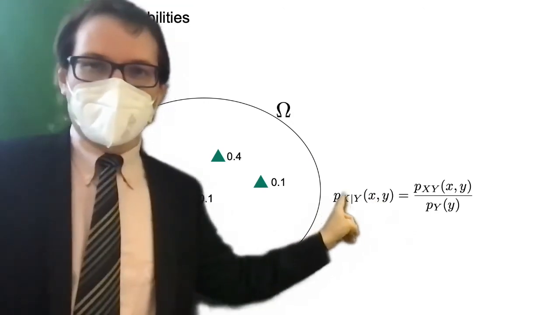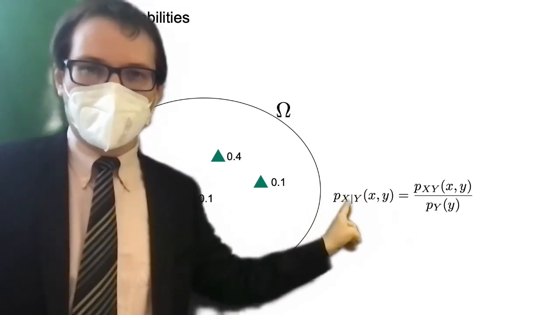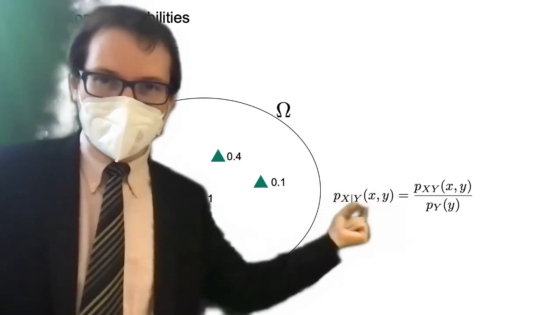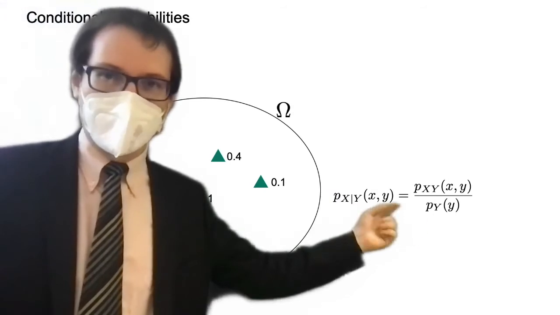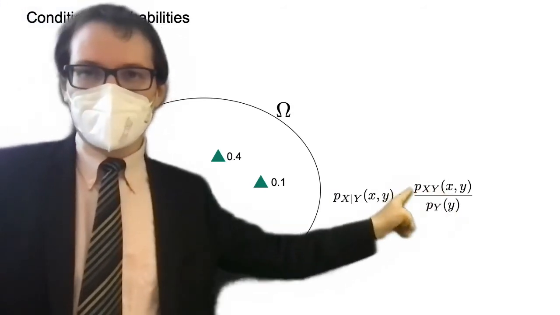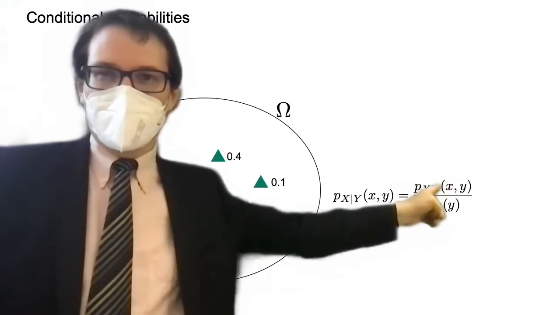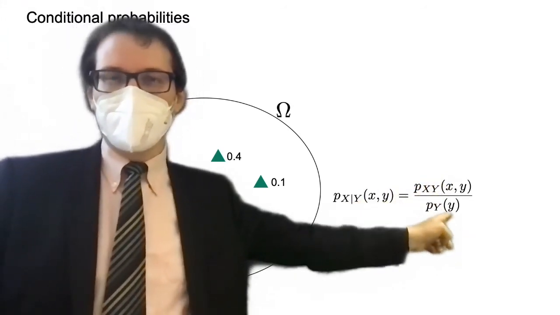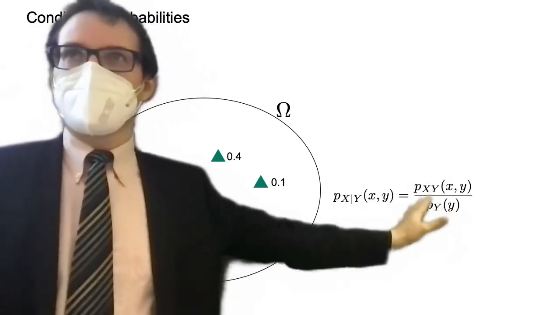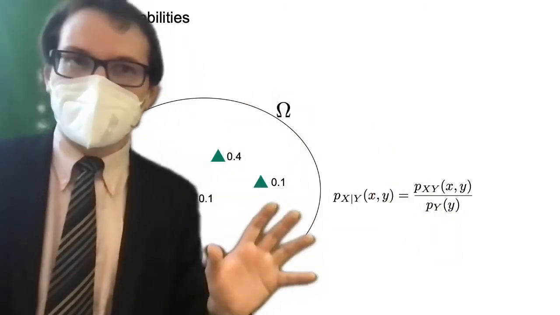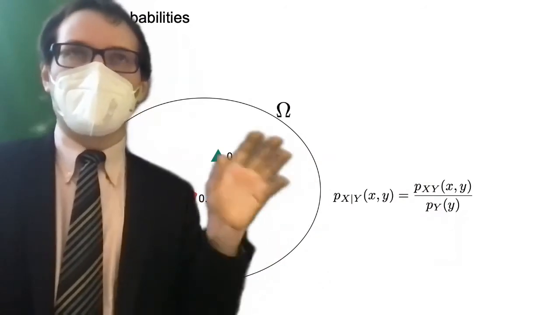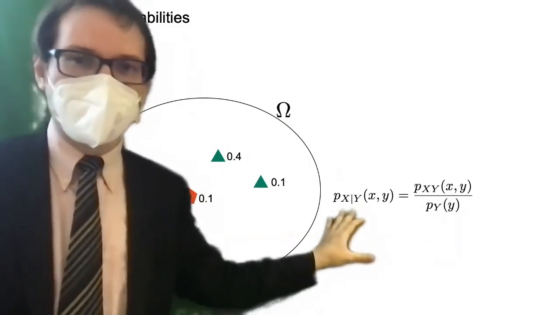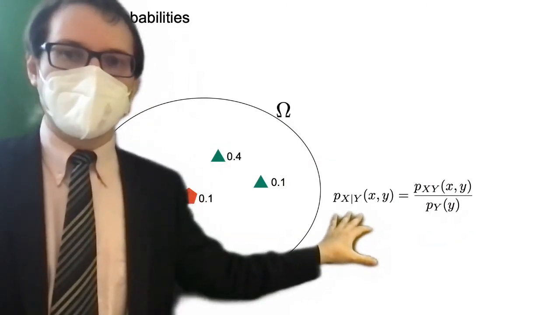Here we index that function with x conditioned on y to make clear that we are defining the conditional of big X equals small x, given that big Y equals small y. This is defined as the probability that both take this value, small x and small y, divided by the probability that big Y is small y. This is not surprising. It's exactly the same definition that we took for events. If you consider that big X equals small x is an event, and big Y equals small y is an event, then this matches the conditional probability of these events.